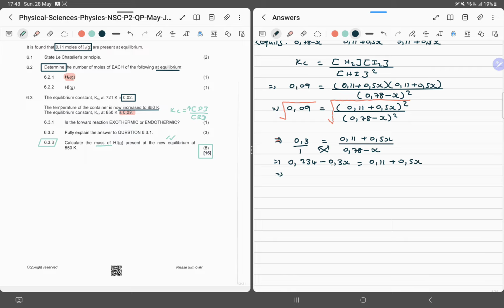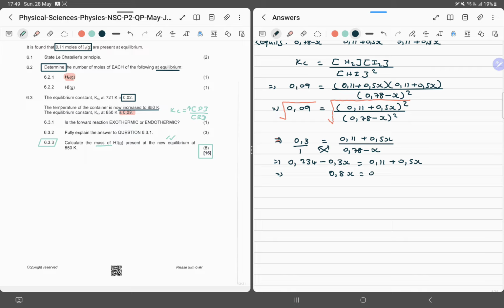We know that we're going to have to transpose this to that side, so it's going to be 0.5 plus 0.3, which is going to be 0.8. So this is 0.8x equals, we're taking that to that side, so it's going to be 0.234 minus 0.11.